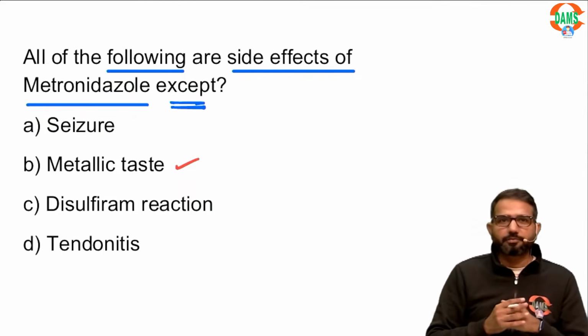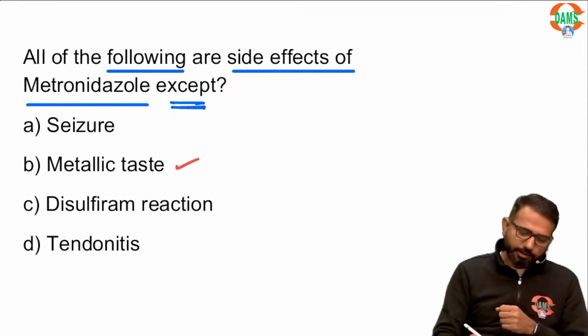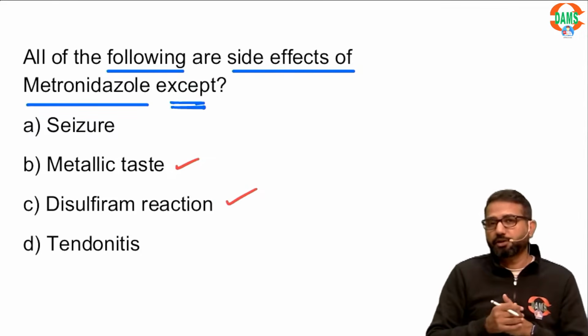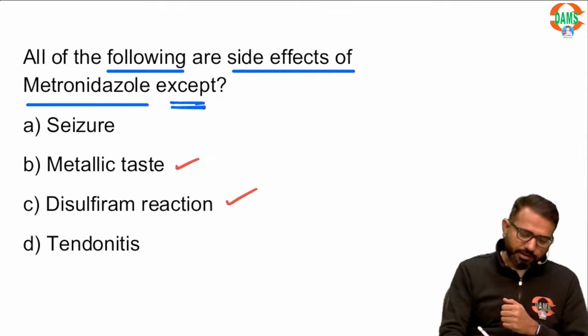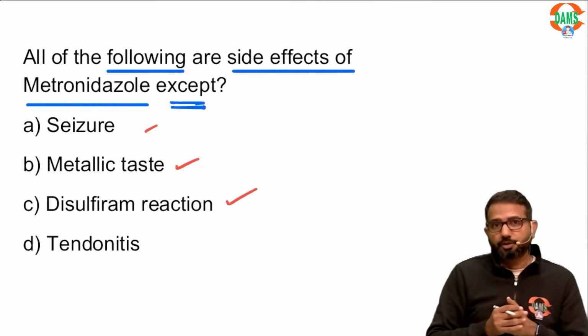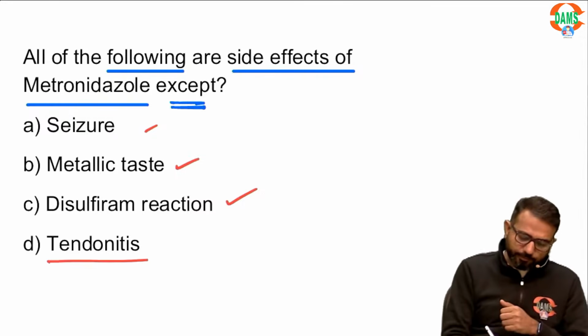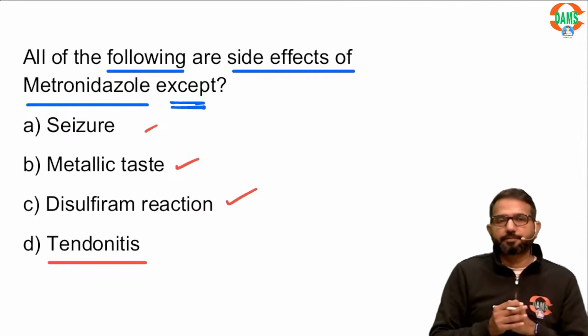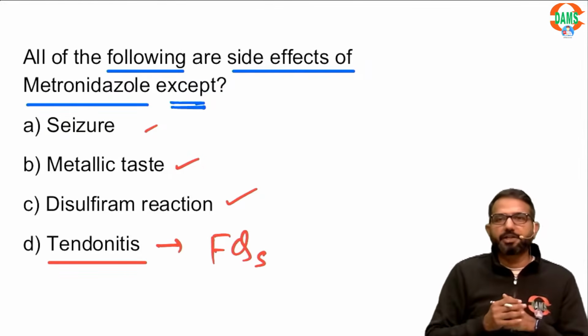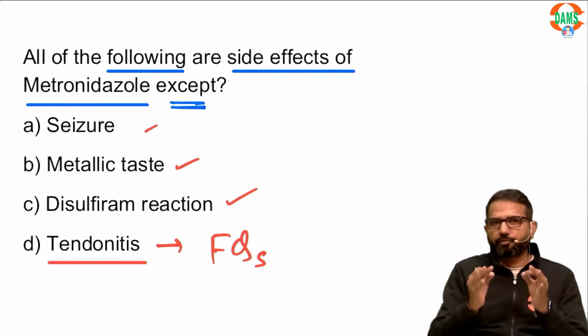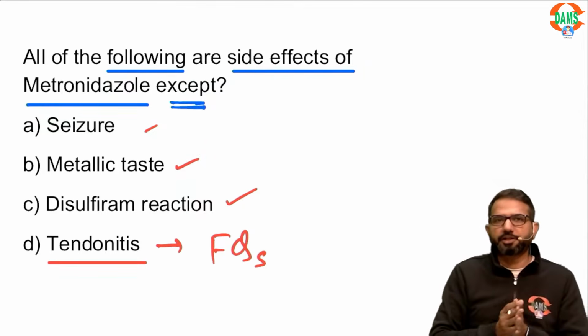Why are you saying B? That means you are not reading the question properly. Disulfiram reaction is seen, that's why it is not given in alcoholics. Seizure risk is there, but that is not common. Tendonitis is seen with the fluoroquinolones, like ciprofloxacin and levofloxacin.